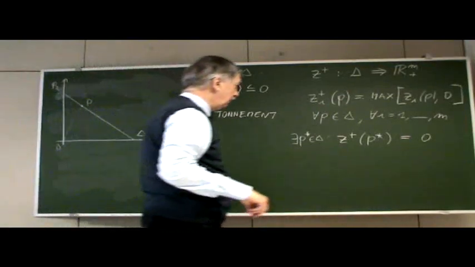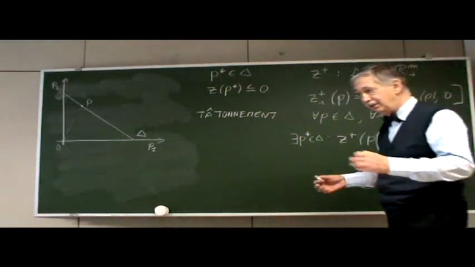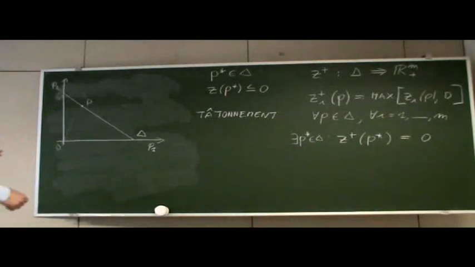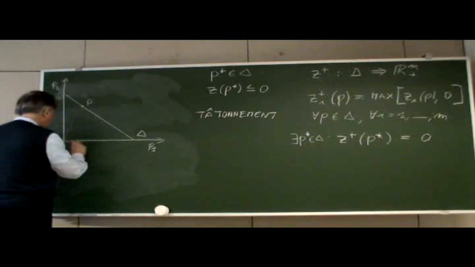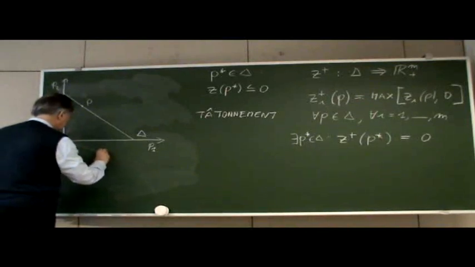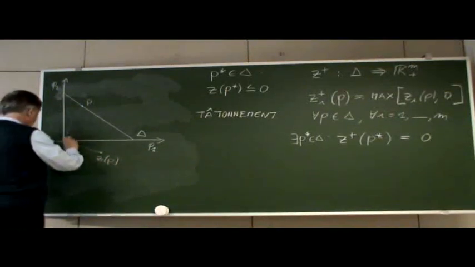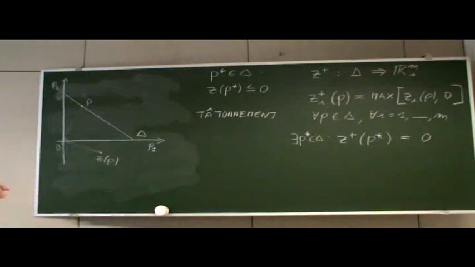Now consider the excess of demand Z of P. By Walras' law, Z of P is orthogonal to P. So, for example, Z of P is this vector. Note that this angle is 90 degrees, so there is orthogonality between these two vectors.